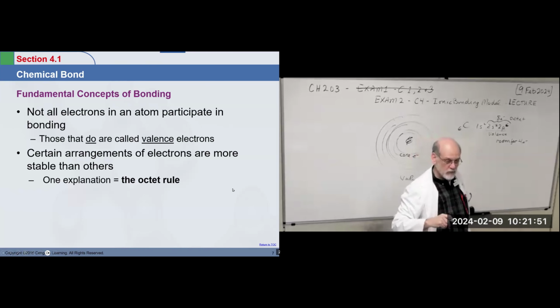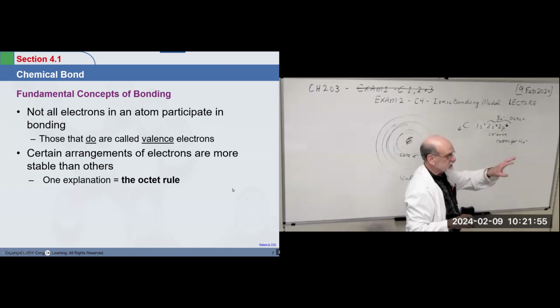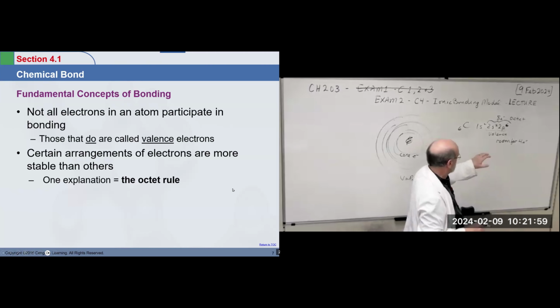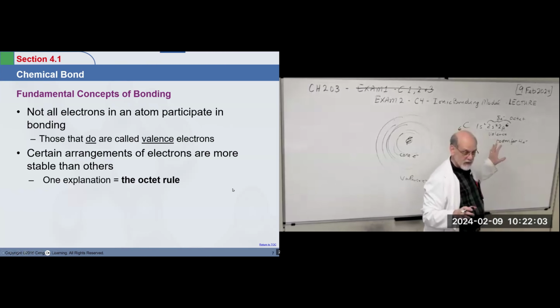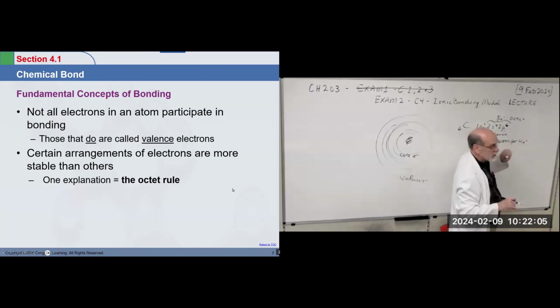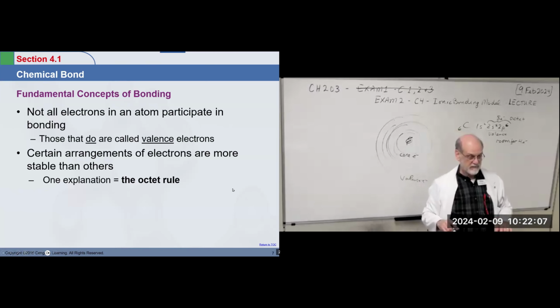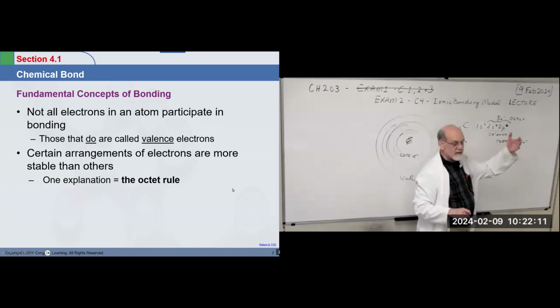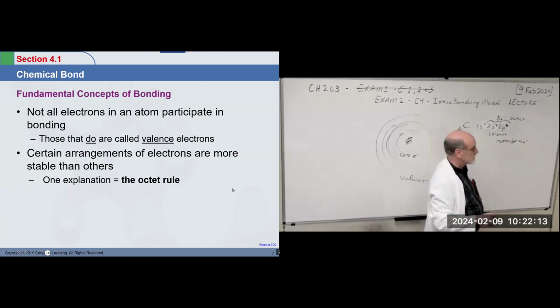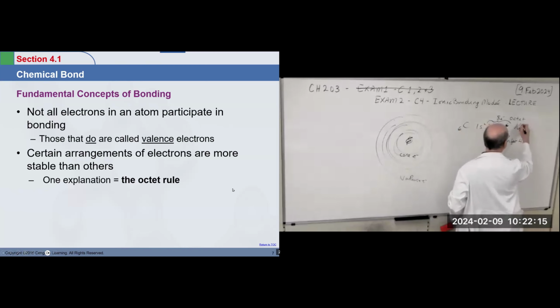So the octet rule simply states that most elements, at least in the second and third period, tend toward, when they bond with other atoms, completing their octet. And when you complete the octet, it looks like the nearest noble gas. So for carbon, this would look like neon.